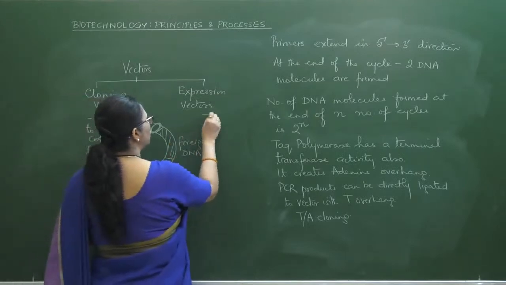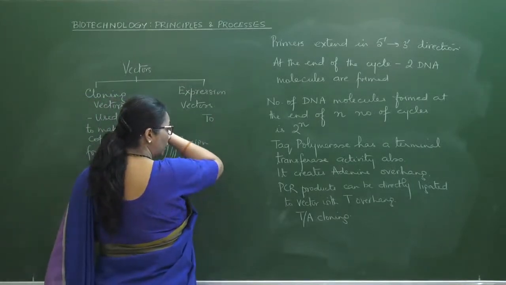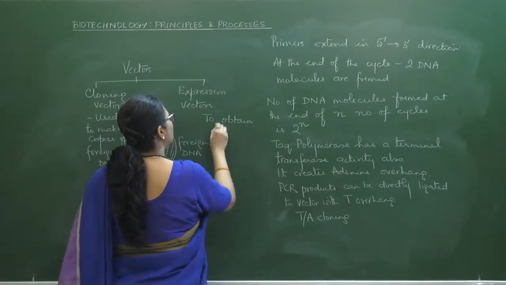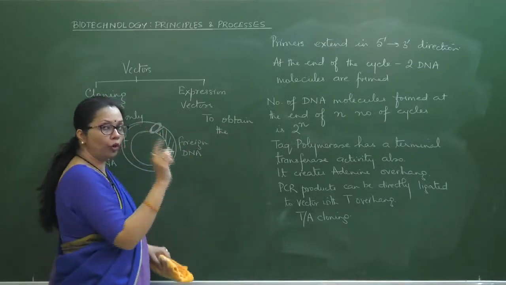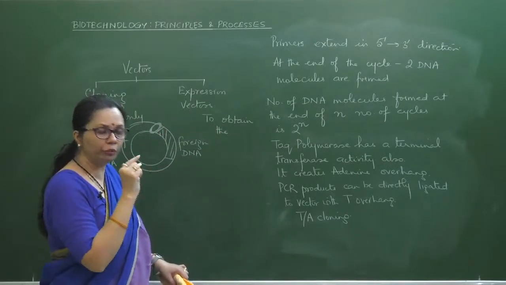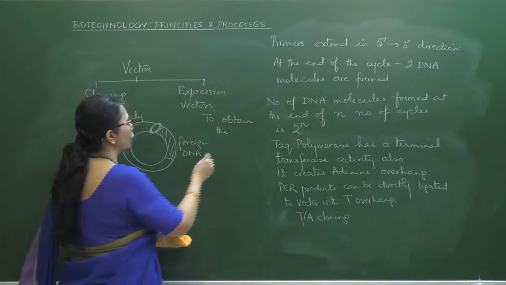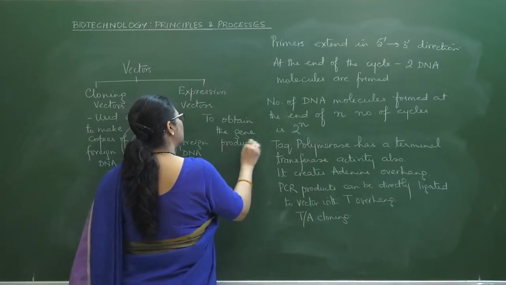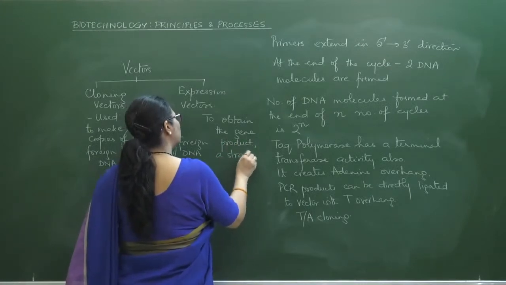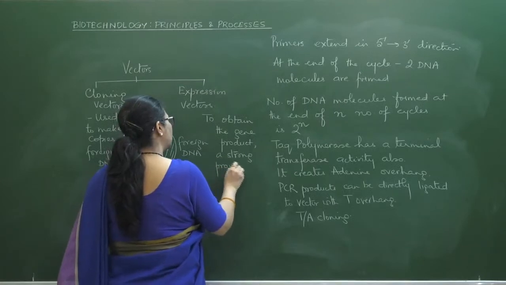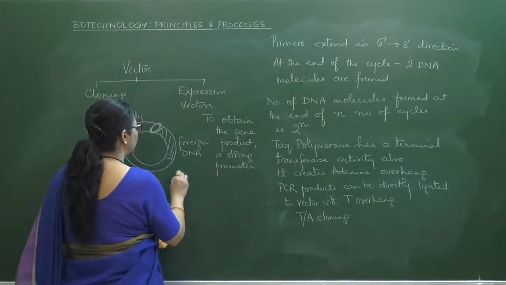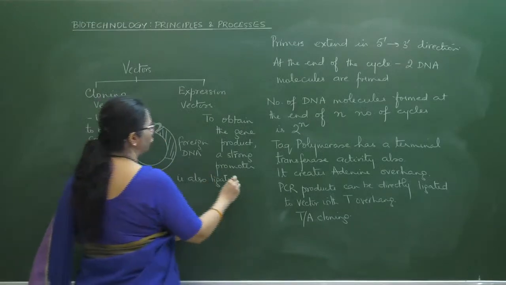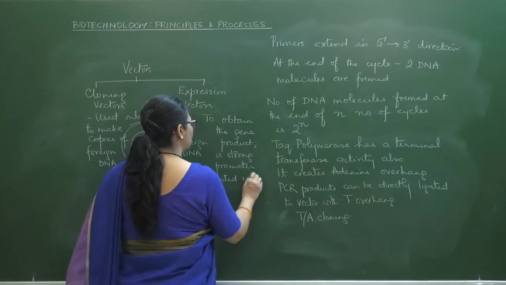So we can next mention that to obtain the gene product... Now we don't want just the copy of the gene, we want to get the gene product also, that is the protein also. So to obtain the gene product, a strong promoter is also ligated with the foreign DNA.